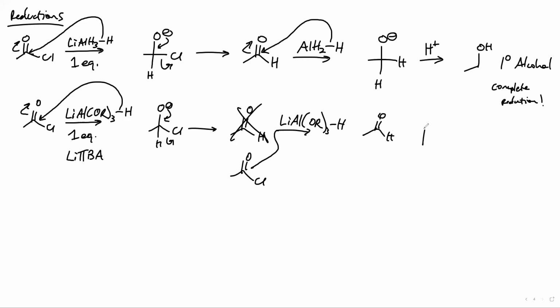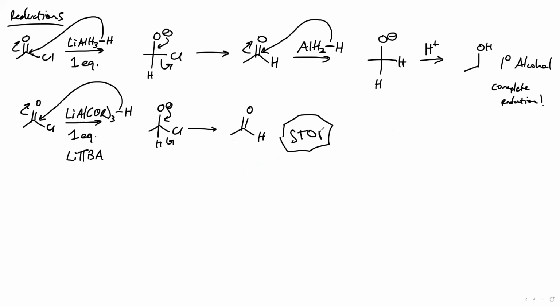This is how we can stop the reaction, how we chemoselectively force all the acyl halide to react and hopefully none of the aldehyde. Don't get me wrong, it's not like LiPA can't reduce aldehydes, but if we limit it, we can prevent it from overreacting with the aldehydes and secure a lot of aldehyde. So this is how we get aldehydes from acyl halides.